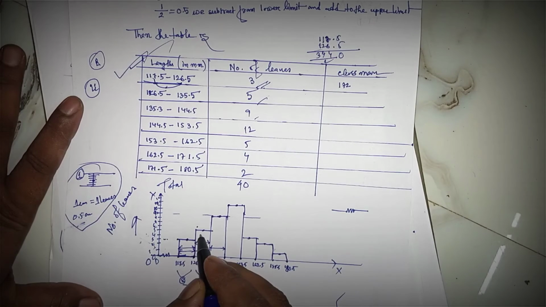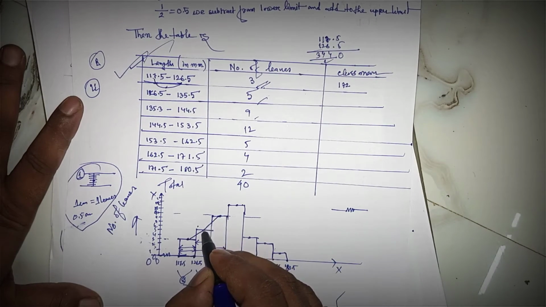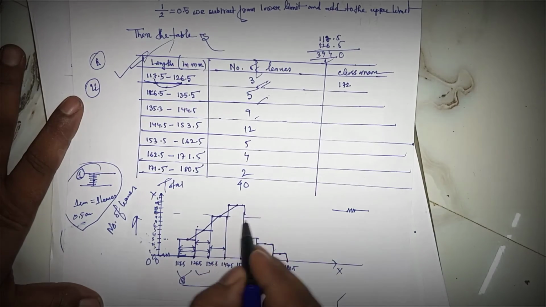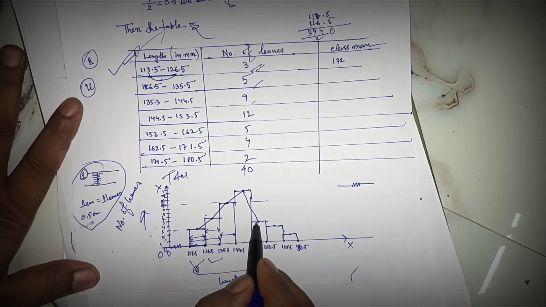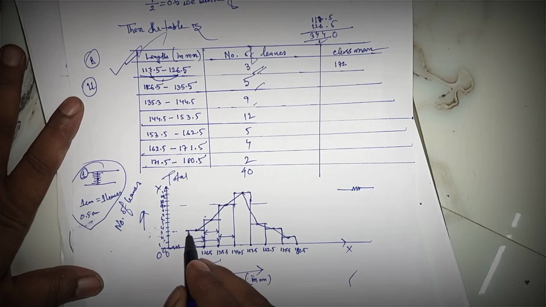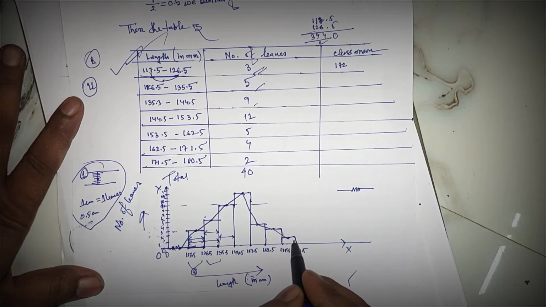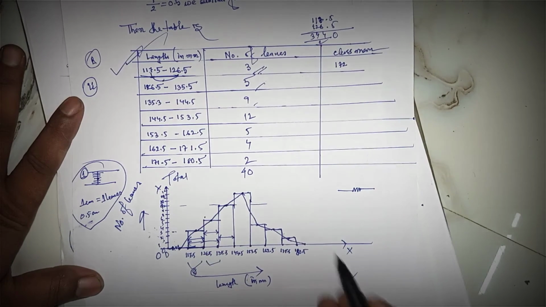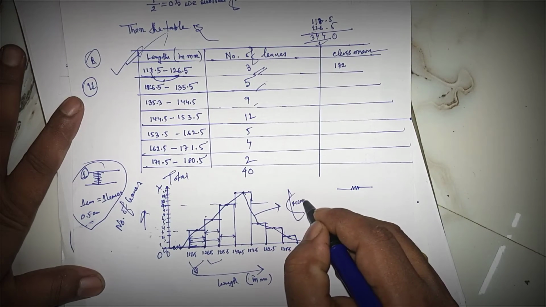So if we add all these points by scale, we need to take one more interval here and write the midpoint. If we join these two midpoints, then we will get the required graph, and this is called a frequency polygon.